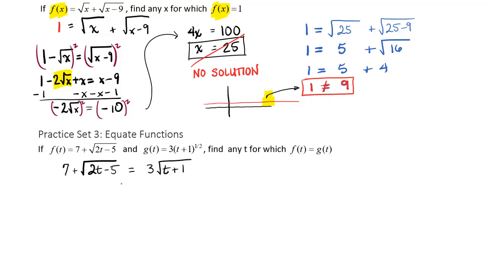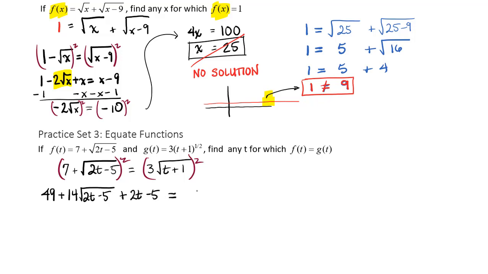Notice that we already have one radical isolated. So we will go ahead and square both sides. This will give me 49 on the left plus 14 root 2t minus 5 plus 2t minus 5.